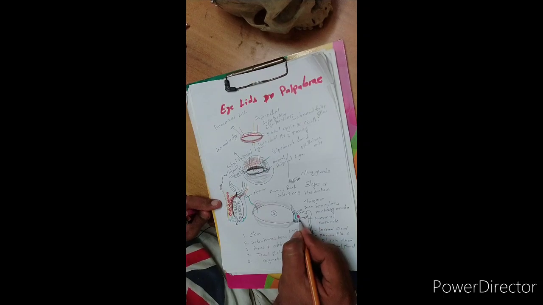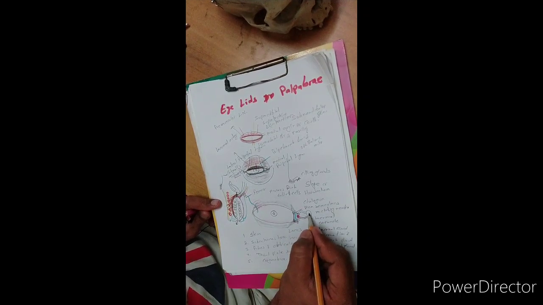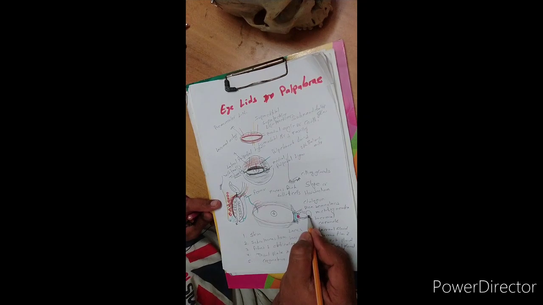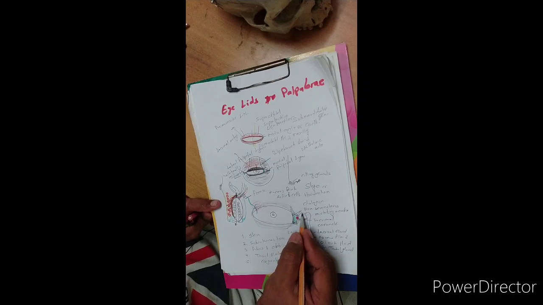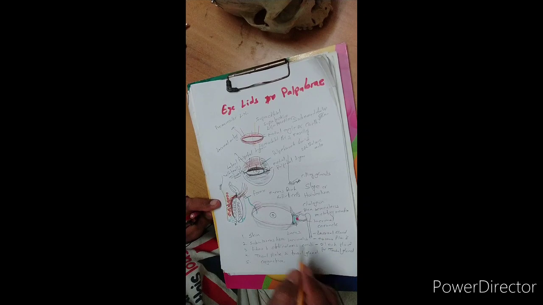So fluid freely passes through the punctum, then the canaliculi, enters the sac, then the nasolacrimal duct, and enters the nasal cavity. Clear?